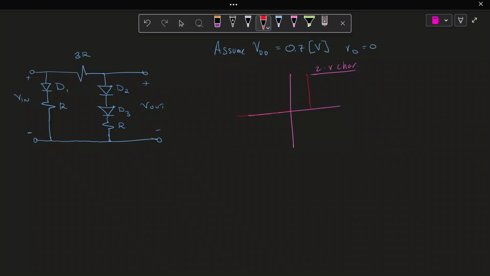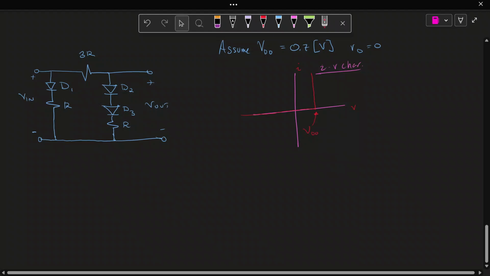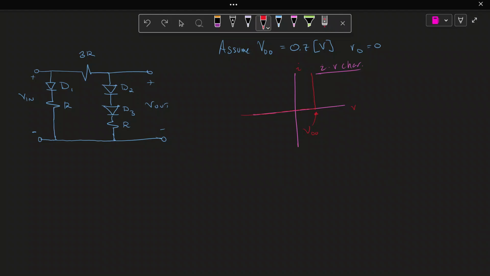When the voltage reaches this point, the diode will start conducting, meaning it'll start passing current. This point is our VD0, our voltage drop. So for each diode to start conducting, it needs to be at least 0.7 volts.